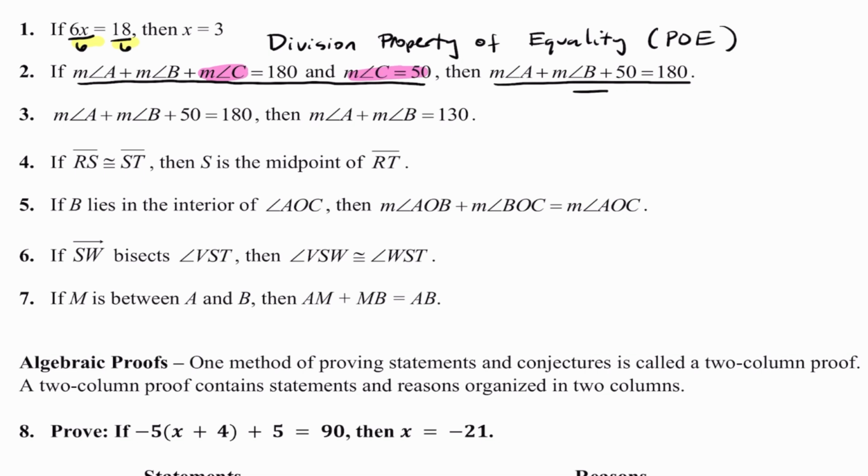So how am I going from the hypothesis to the conclusion? Note that the measure angle A hasn't been changed, the measure angle B hasn't been changed, but the measure angle C did change because we know that the measure angle C is 50. That's because the measure angle C is being replaced by 50, the key word here being replace.